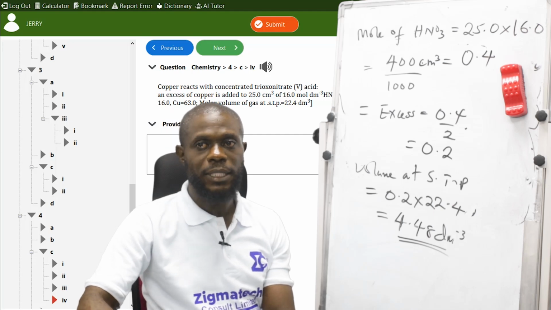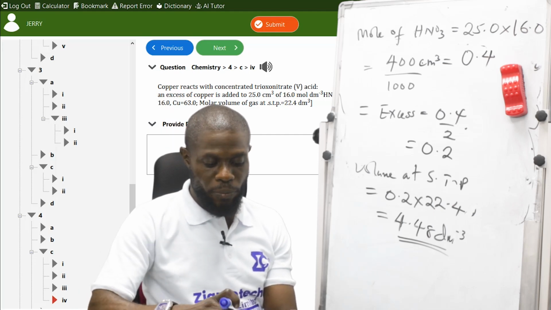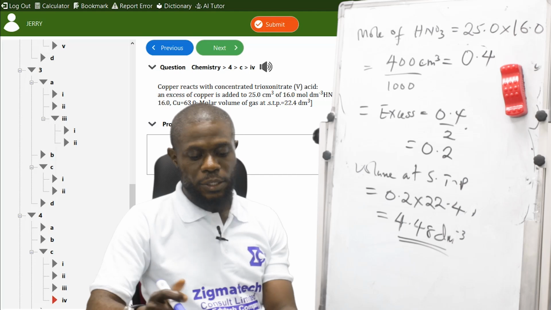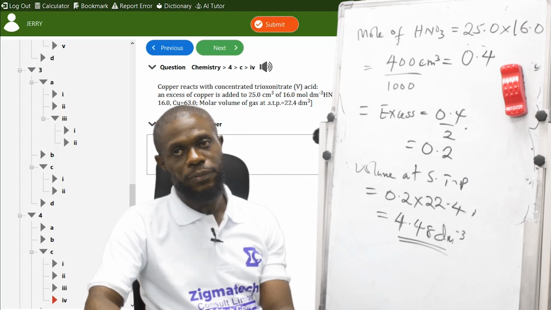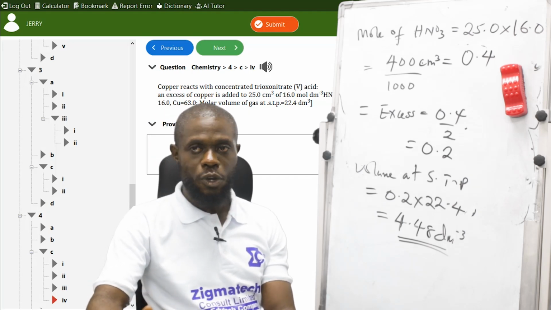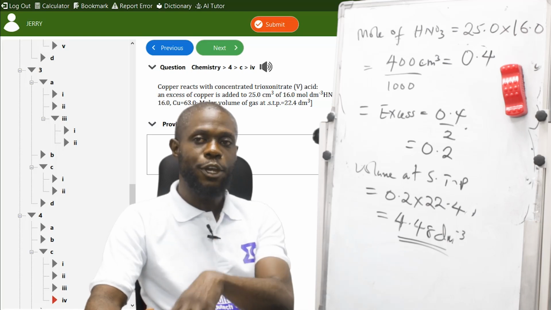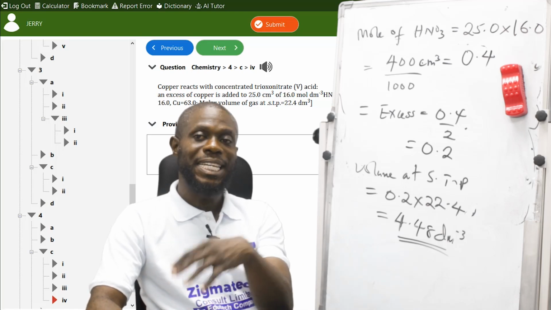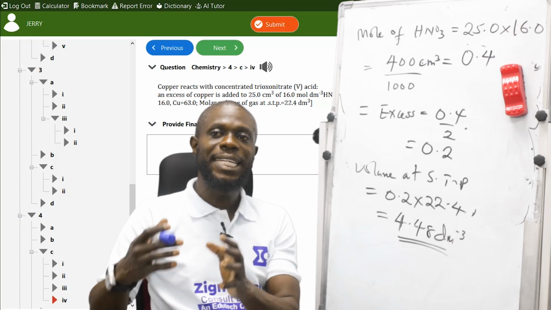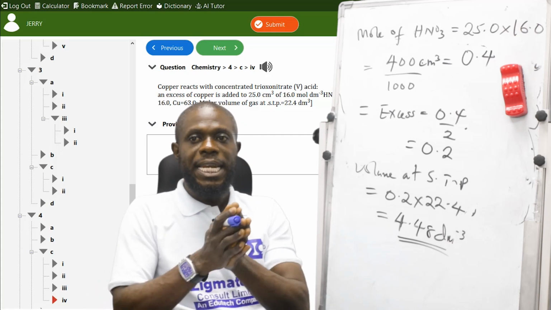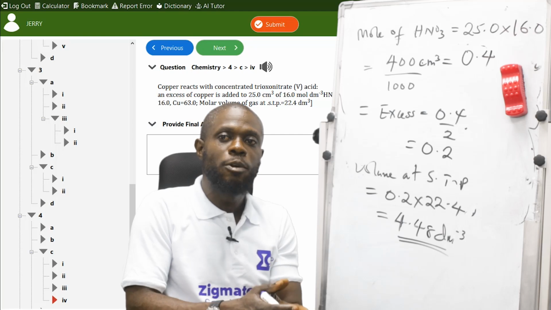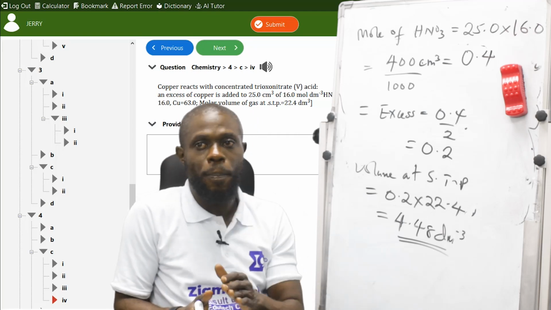If you convert 25 centimeter cube to decimeter cube, you get 0.025 decimeter cube. So in decimeter cube, it is 0.025. But in centimeter, it is 25. So in the 16 decimeter cube, they just removed 25 and added copper.